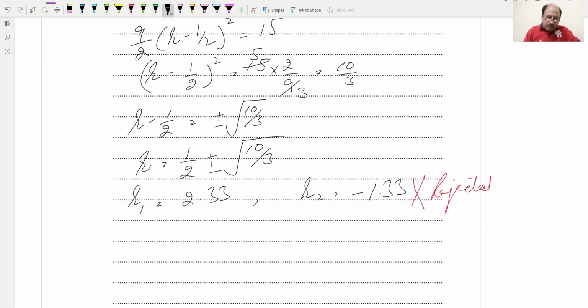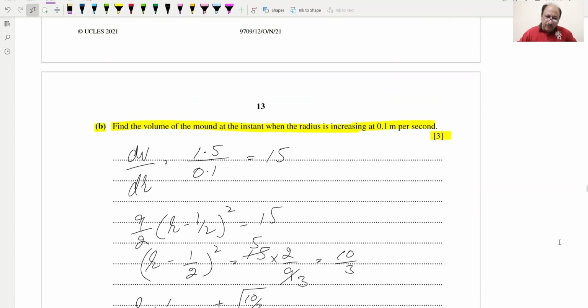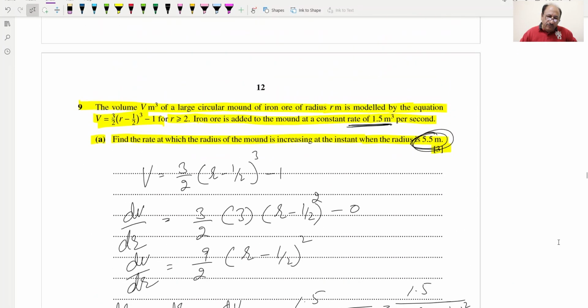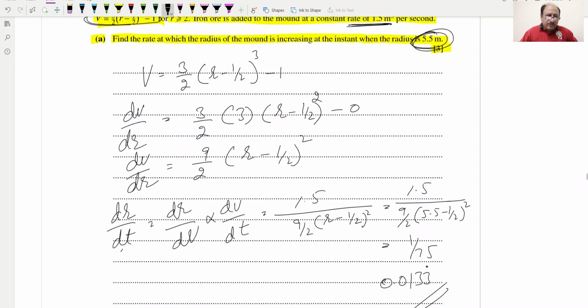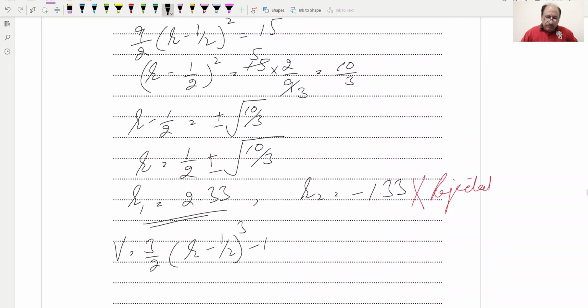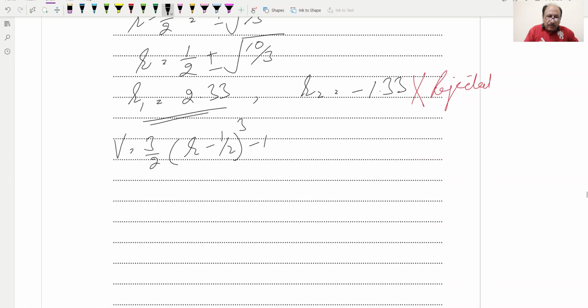And this r value we will be using for volume, and volume we know is equal to 3 by 2 into r minus 1 by 2 cubed minus 1. This is basically the value of V, which is given over here, and we are utilizing the same, and we will be replacing the r value. We will get 3 by 2.